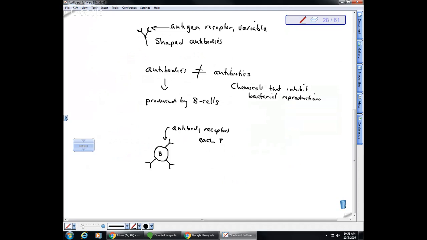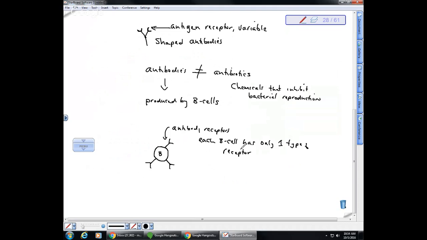Each B cell has only one type of receptor. And this is really important because B cells are specialists. What receptor they have on them is due to kind of a genetic shuffling program. These antibody proteins are coded for by our genes, but the genes shuffle themselves around. And so the production of these antibodies is random, and it is very variable, right?